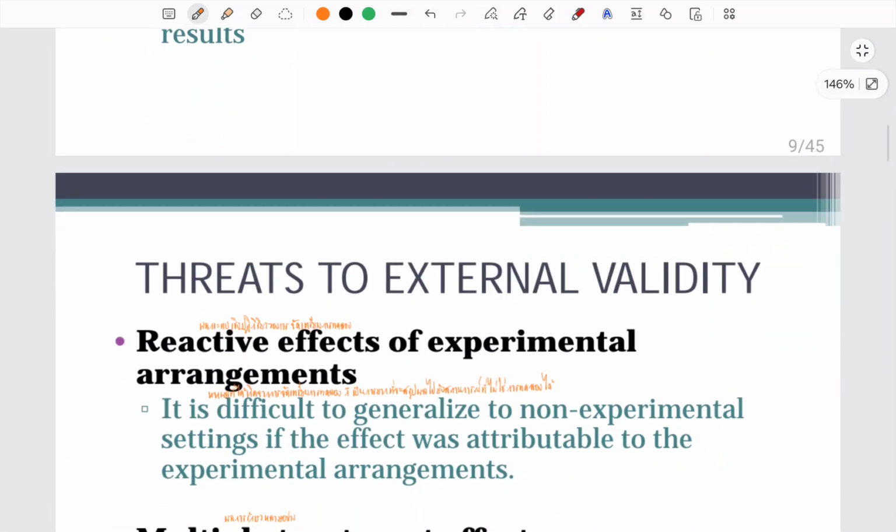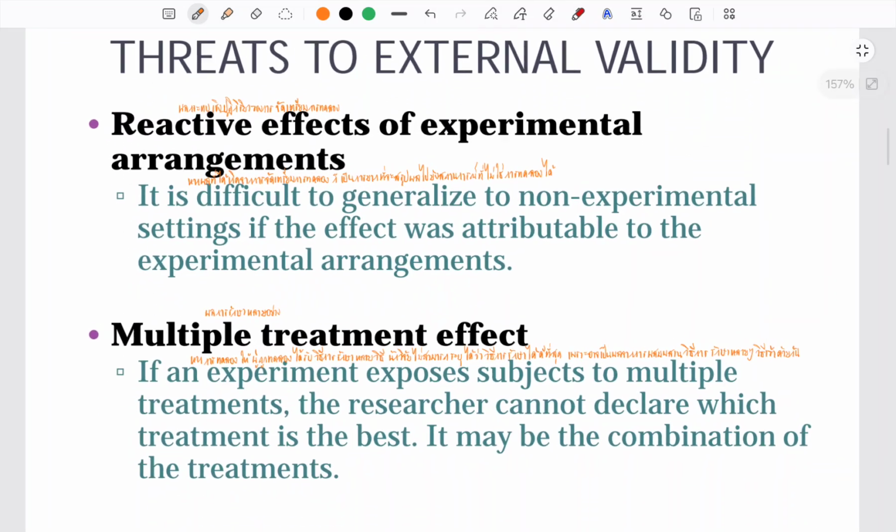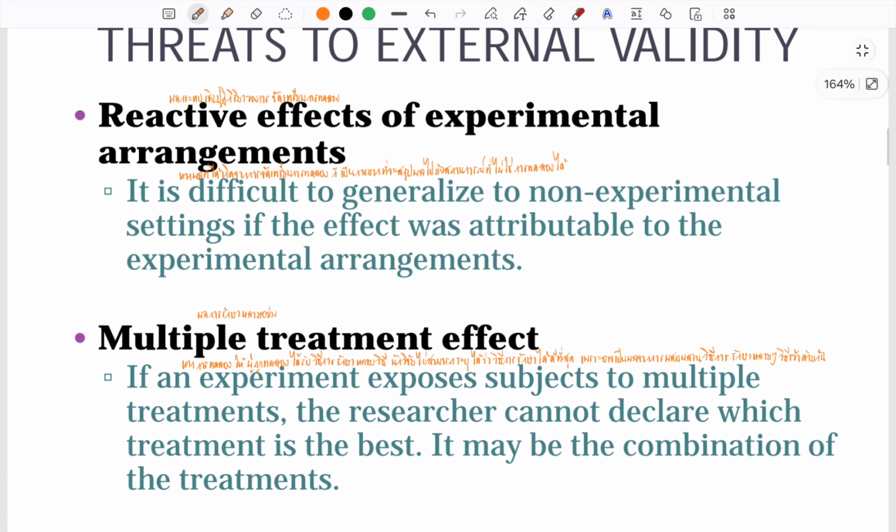The third threat to external validity we call the reactive effects of experimental arrangement. It is difficult to generalize to a non-experimental setting if this effect is present, because if you try to control everything, just like in the setting room, trying to control the temperature, the air condition, the flow of the air, the result from the controlled room cannot be applied to the real world.